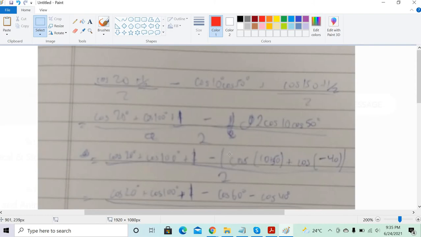Everything you have taken in the denominator 2, is it? Yeah. Okay, so 1 by 2 plus 1 by 2, 1, and then this has something here. Okay, minus cos 10, cos C cos D, so minus 1 by 2.